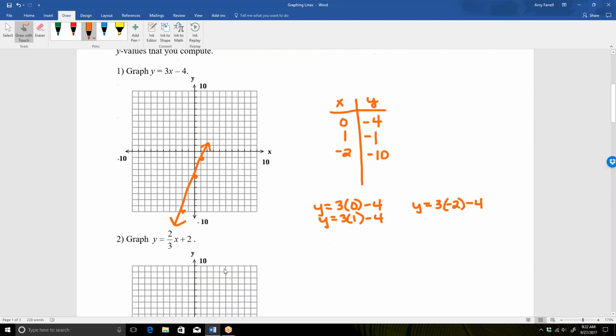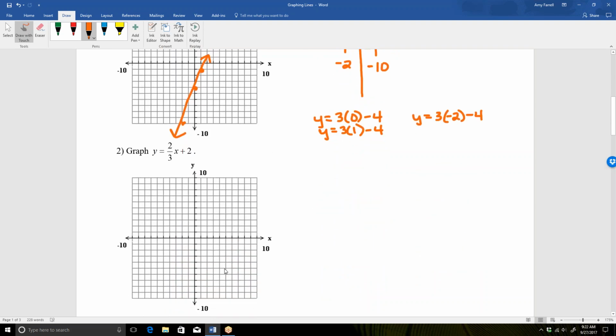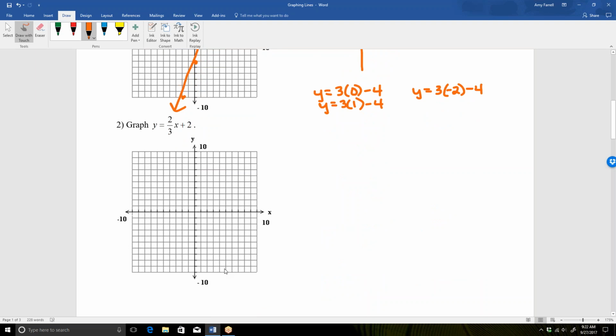Okay, let's see another one where we use a T-chart. Then we'll go on to another method to graphing linear equations. For this one, here's my T-chart. And this one, I'll probably want to pick values for x that are multiples of 3.